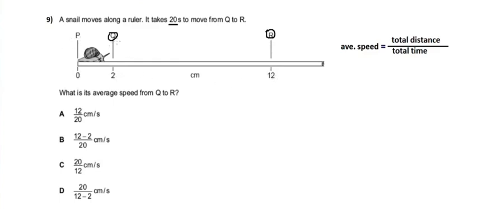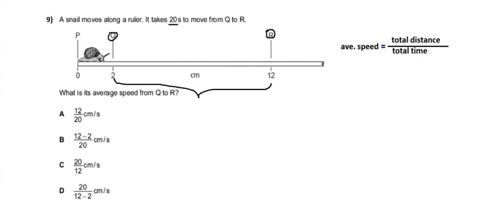So the distance traveled between Q and R is this much distance, which is 12 minus 2, that is 10. So QR is PR minus PQ, where PR is 12 and PQ is 2, so 12 minus 2 is 10.